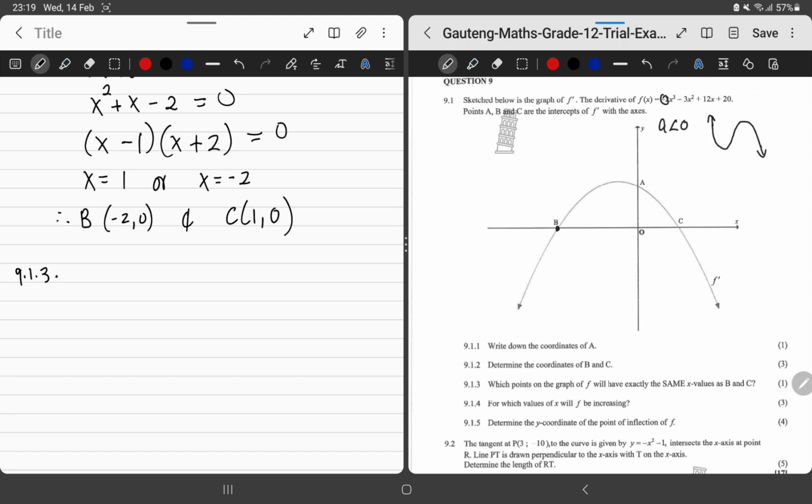The x-intercepts of the derivative, so the x-intercepts of the parabola, give you the x values of the turning points of f. My graph will look something like that.